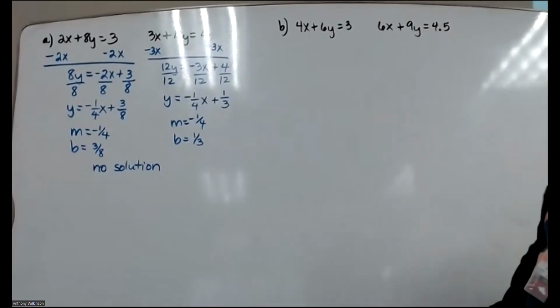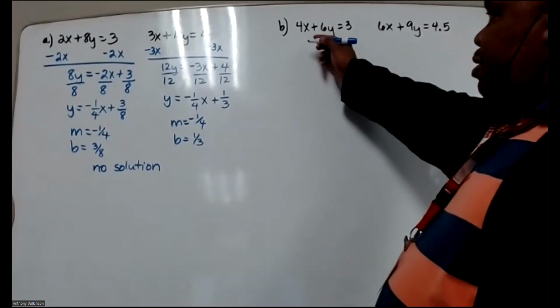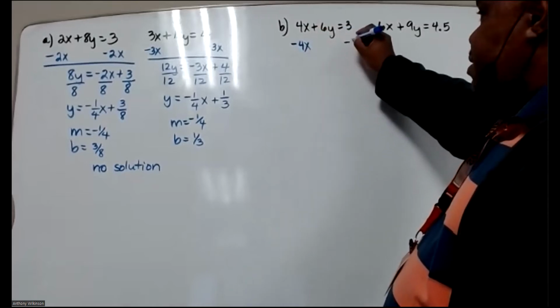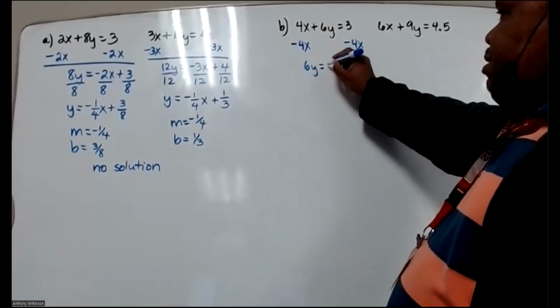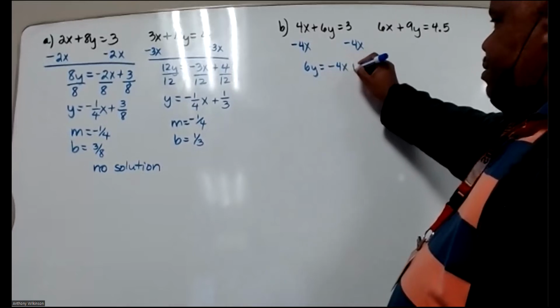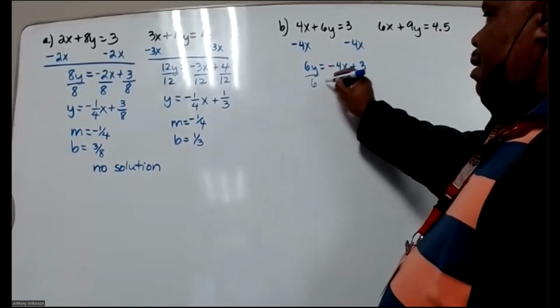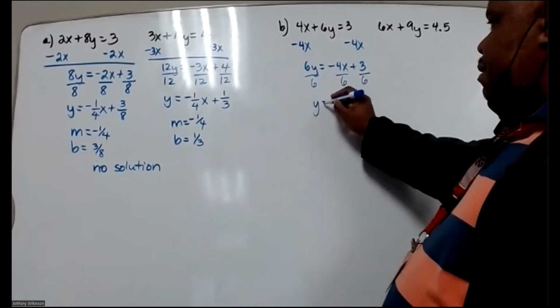Let's start with that first equation, 4x plus 6y is equal to 3. Let's first solve for y by subtracting 4x on both sides. So 6y is equal to -4x plus 3. Divide each and every term in that equation by 6.